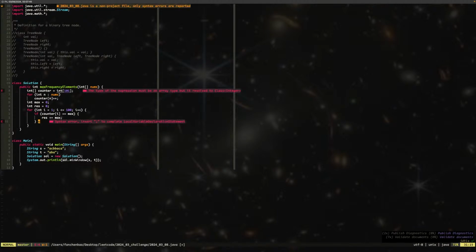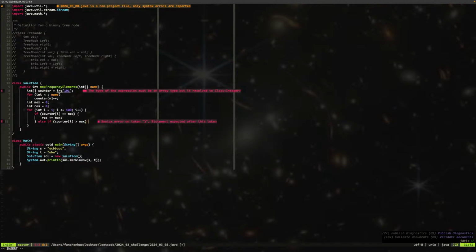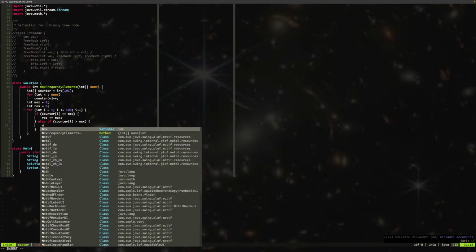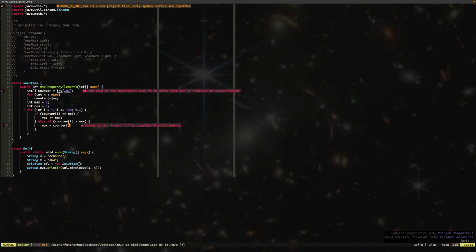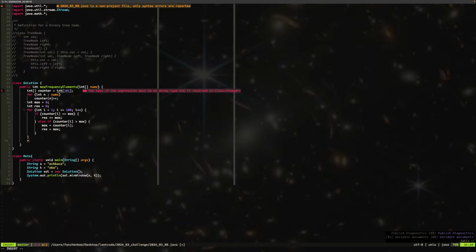Else if counter i is larger than max, in which case we say max is equal to counter i and res is equal to max. And then at the end we return res. Okay, I think I have some syntax error up there.